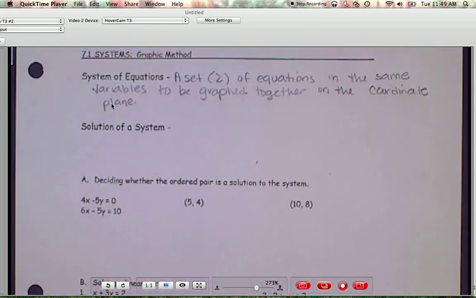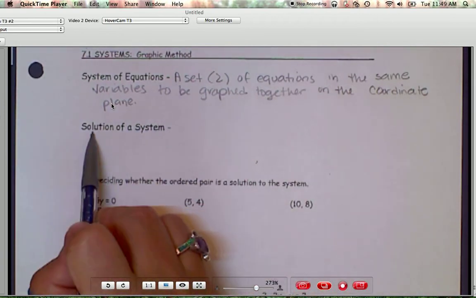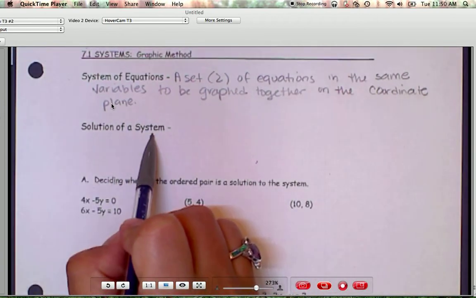Now there are three different ways that you can solve a system of equations or find the solution of a system, which we'll get into in this chapter.